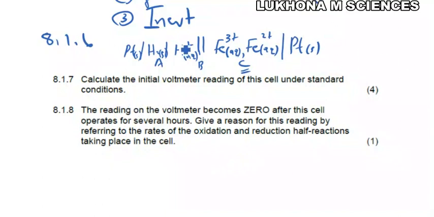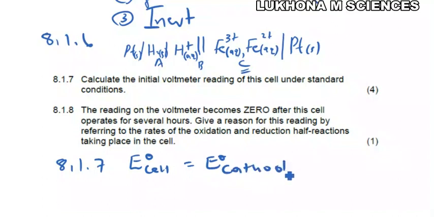Now let's go to this question. Calculate the initial voltmeter reading on this cell. That is 8.1.7. E naught cell is equal to E naught cathode minus E naught anode.